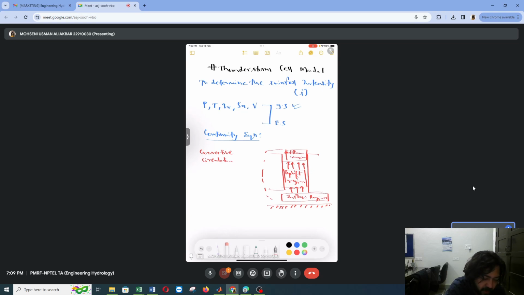Then using the Reynolds transport theorem and the continuity equation, we can derive an equation for rainfall intensity, and that equation is something like this.